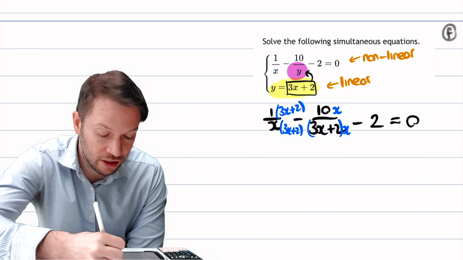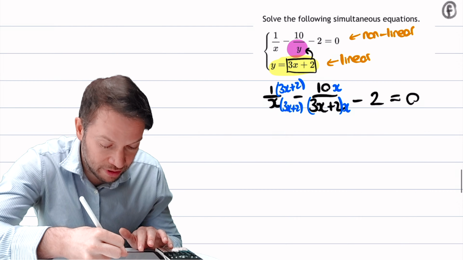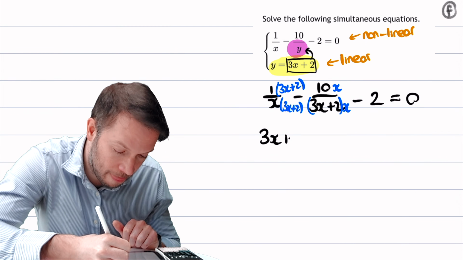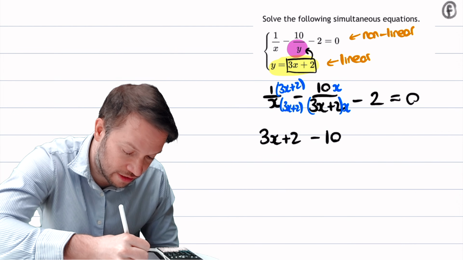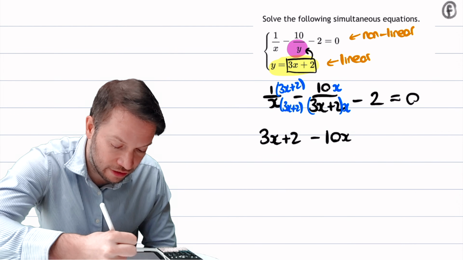So we can now just subtract the numerators. So we've now got 3x plus 2 times 1, which is 3x plus 2, and then we're subtracting 10x, and that's all over x, 3x plus 2. And we've got the minus 2 equals 0.